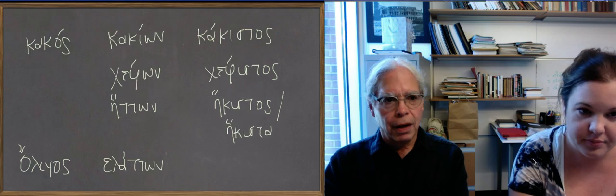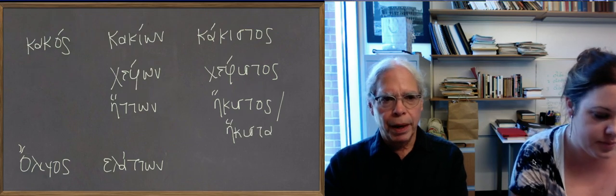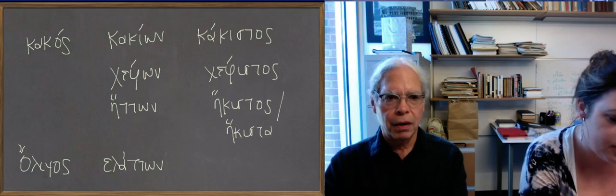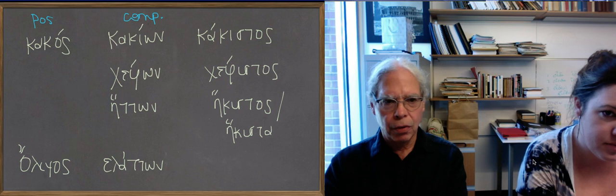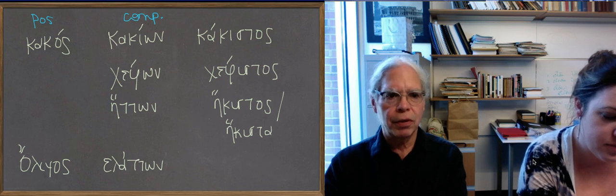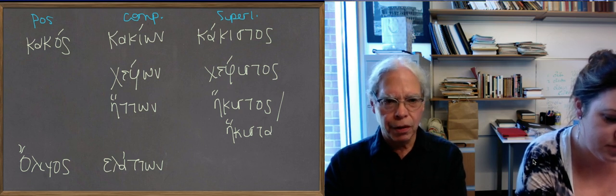If we look at kakos, rather, the word for bad, we've got the same situation. Kakion and kakistos are the unmarked forms, and cheron means morally bad, and heton means weak, physically inferior. So kakion by itself can mean both morally and physically inferior.